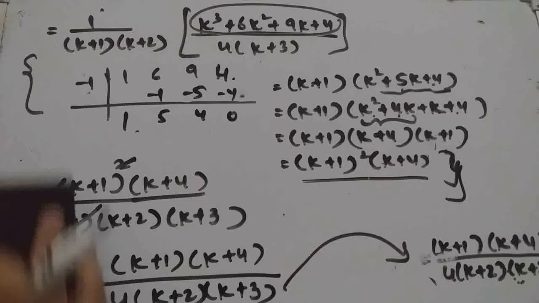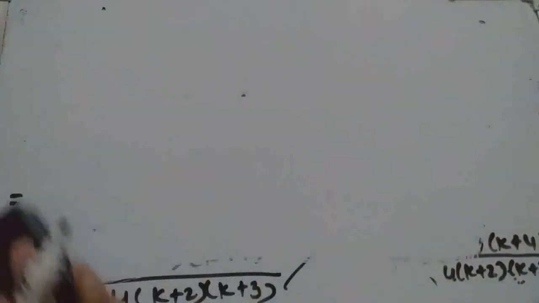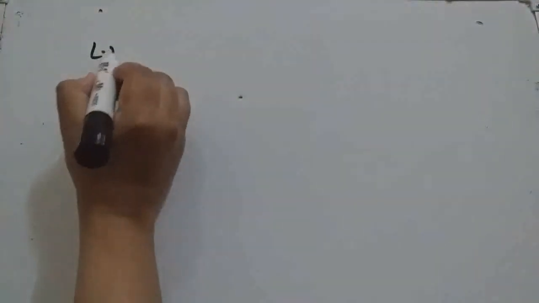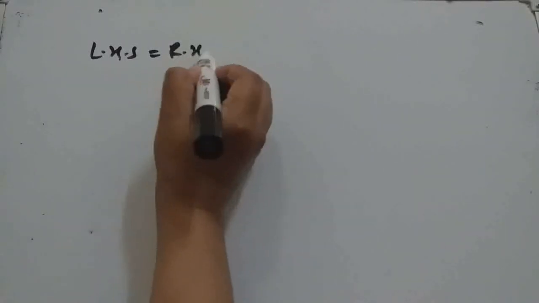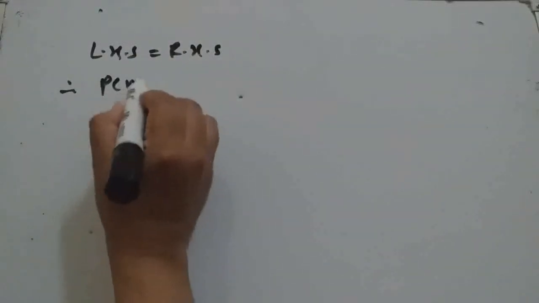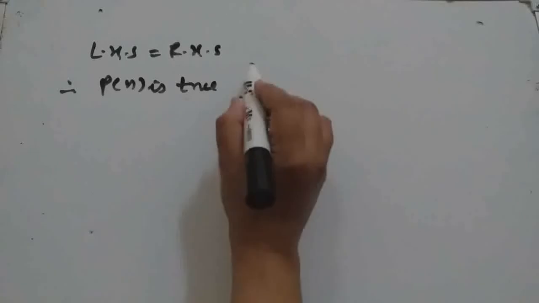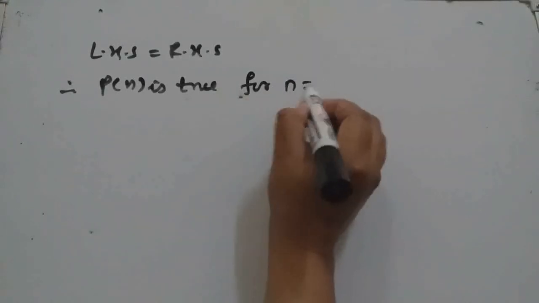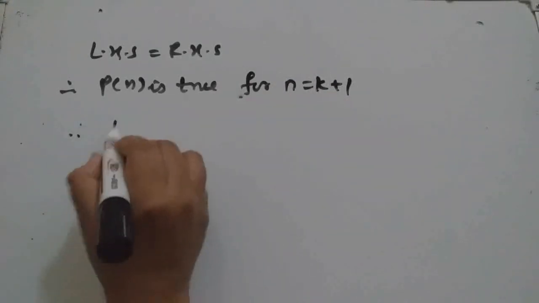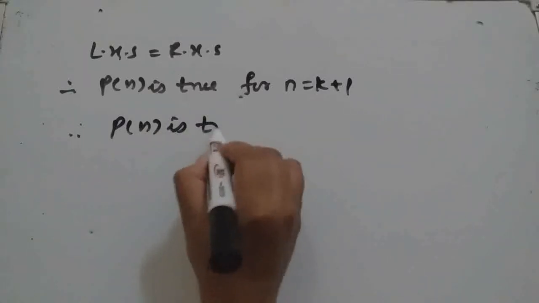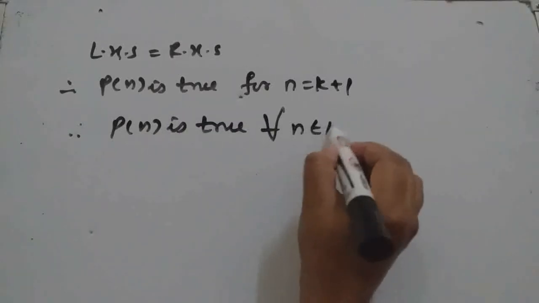So what we can write? LHS equal to RHS. Therefore P(n) is true for n equal to k plus 1. Therefore P(n) is true for all n belongs to N.